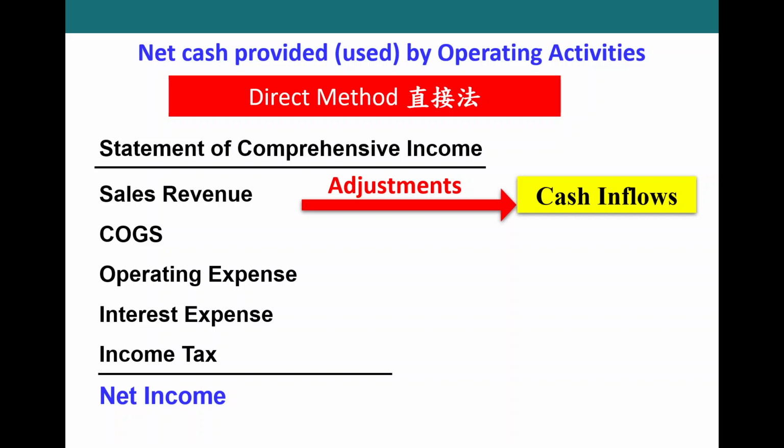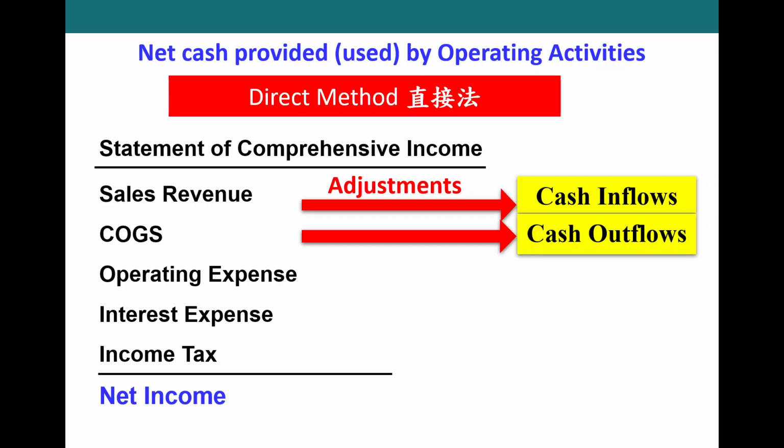So based on sales revenue, we do some adjustment. We want to know how much money we got from customers. So that's cash inflows. Based on cost of goods sold, we do some adjustment. We want to know the cash outflow, means how much money we paid to suppliers already.